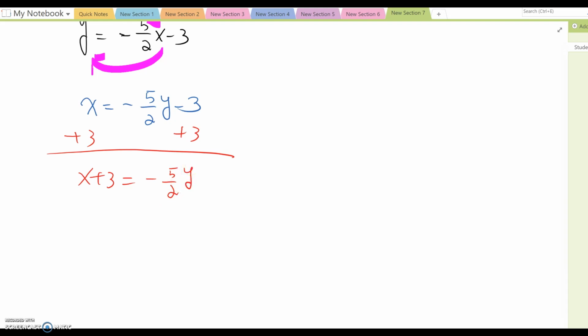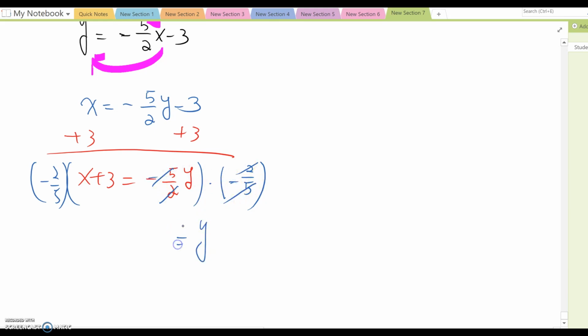And then multiply everything by negative 2 over 5, which is the reciprocal of the y coefficient. Then this cancels out, and negative becomes positive. So then y equals negative 2x plus 3 over 5.